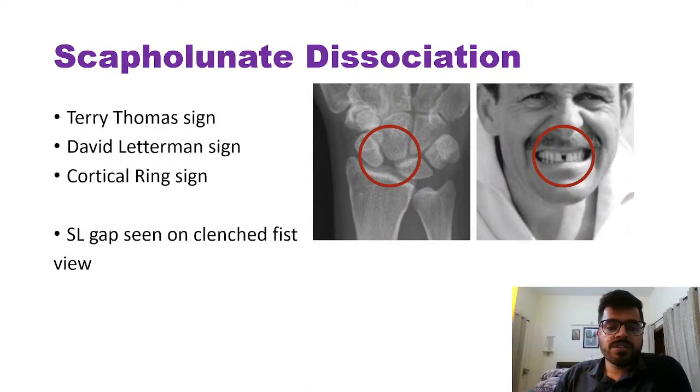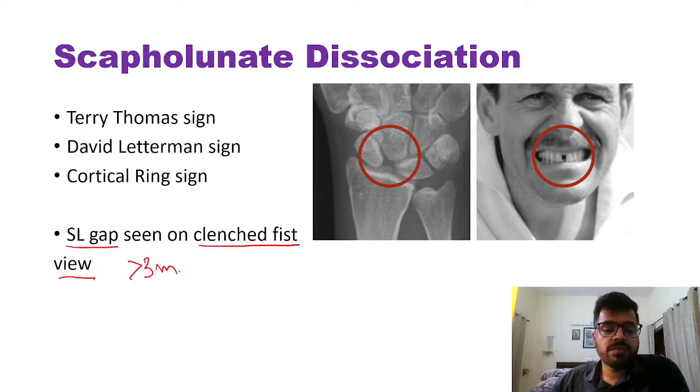Then we talk about scapholunate dislocation or dissociation. We see scapholunate gap on a clenched fist view of the wrist, and if it is more than 3 mm, it means there is scapholunate dissociation. It is also called Terry Thomas sign or David Letterman sign.